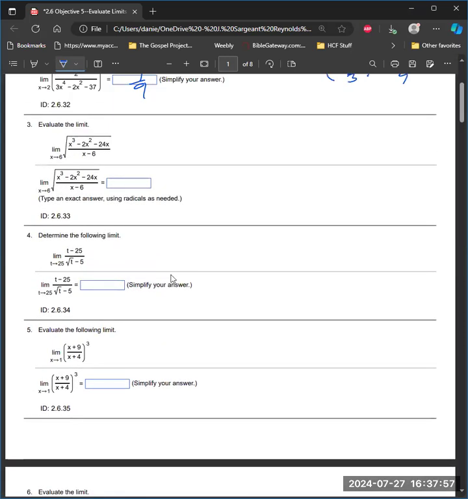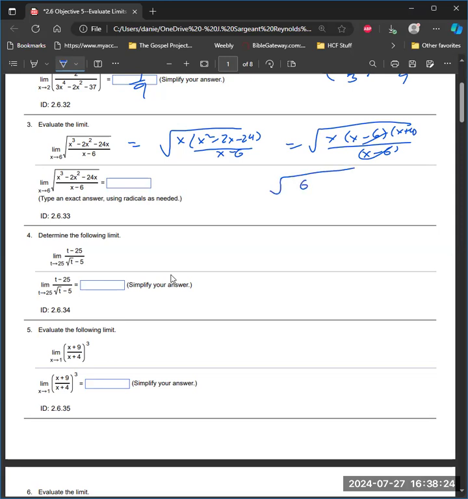As x approaches 6 here, let's see, this is x minus 6, x plus 4. So this is going to be 6, 10.